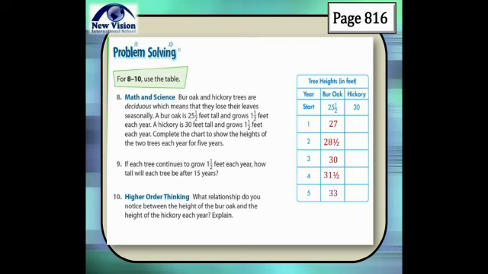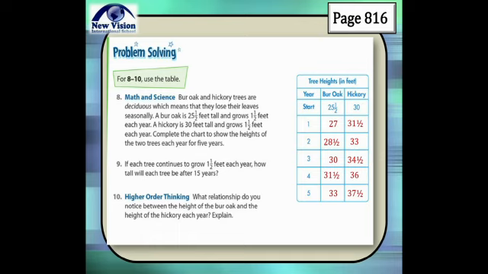For hickory, we will start at 30 plus 1.5, so that would be 31.5 plus 1.5, 33 plus 1.5, 34.5 plus 1.5, 36 plus 1.5 is 37.5.